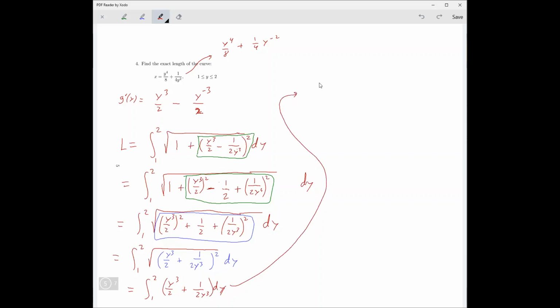Okay, and then let me rewrite it as y to the -3 again, so we can integrate it easier.